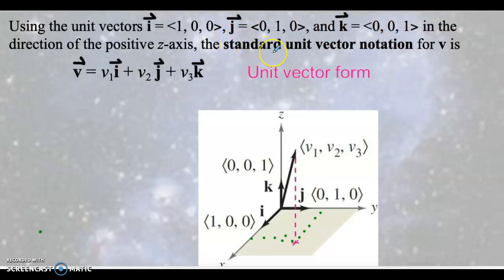So those are our standard unit vector notations, and I can write it in standard unit vector notation by having v sub 1, v sub 2, and v sub 3 be scalar multiples of all of those unit vectors. So if it's v sub 1 units in the I, v sub 2 units in the J, and v sub 3 units up. That's how we can use our unit vector form.